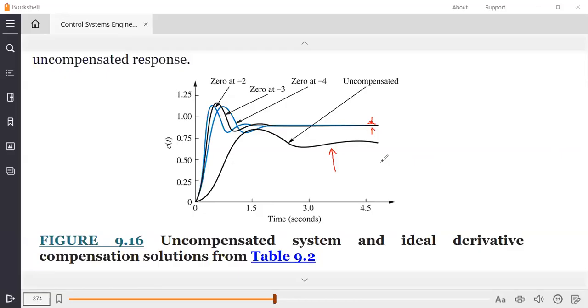Someone was asking whether the intersection point is an approximation. Yes, once you are using a programming platform like MATLAB, you can precisely figure out the point. But once you're drawing by hand on graph paper, it is always an approximation.